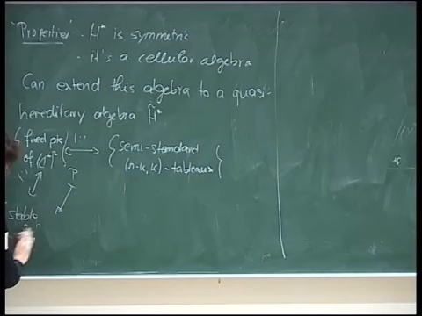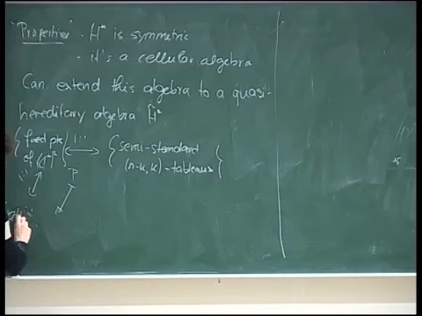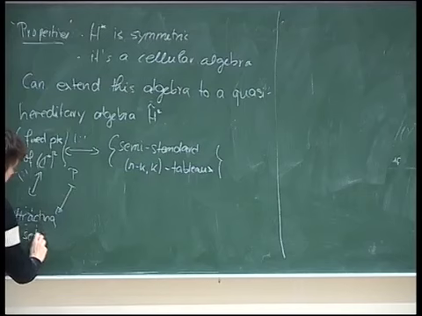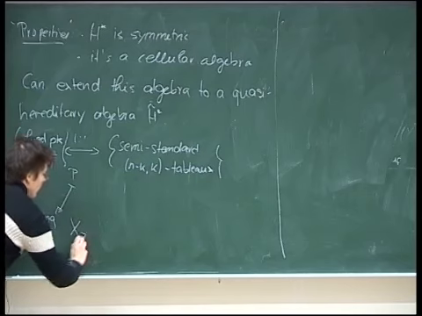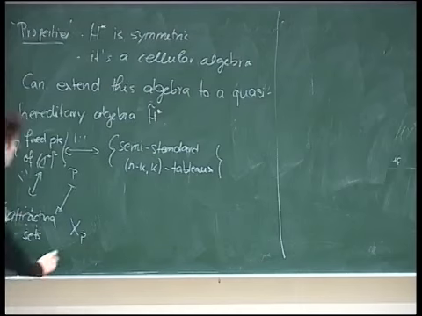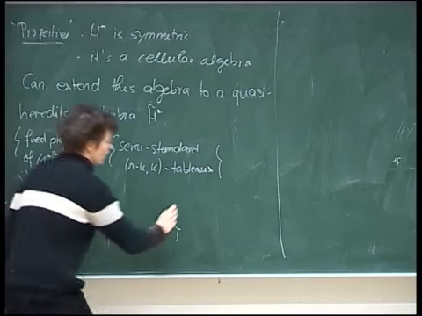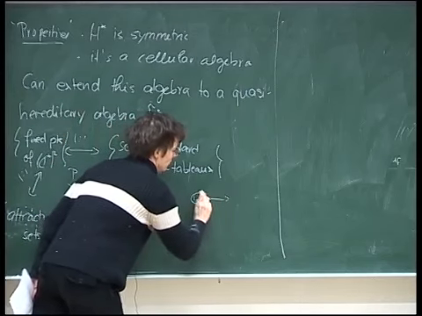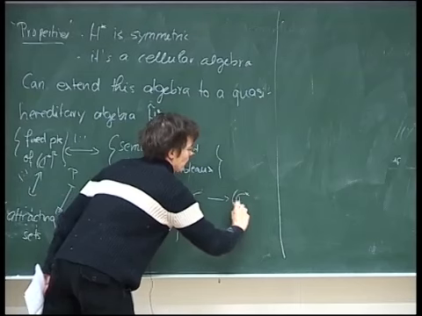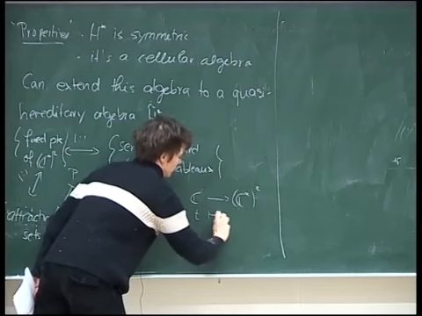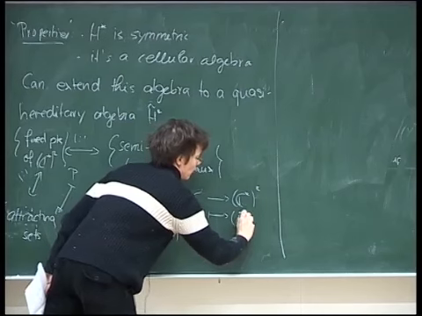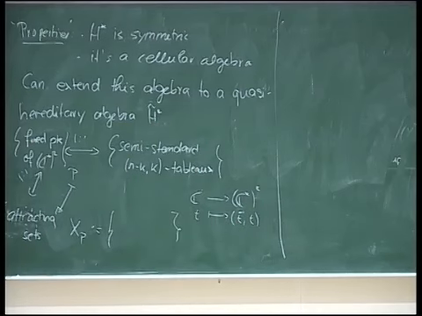Or say attracting sets. By which I mean I take my fixed point P, then I choose a co-character of my torus. So let's say I take this one, like this.